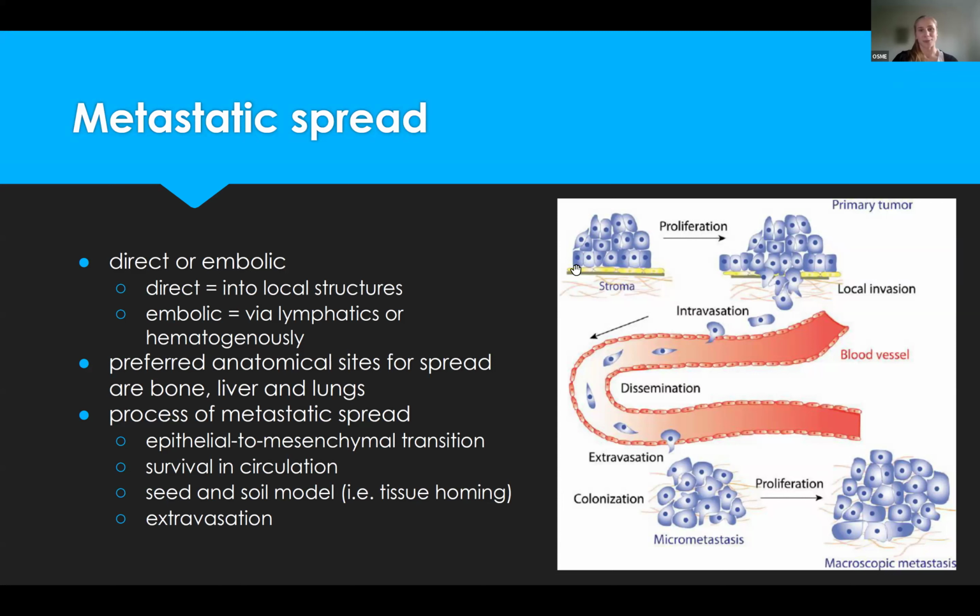So that's still subject to research if anybody's interested to research a bit more on that. All right. But overall, forgot to mention, the preferred sites for homing of the tumors are usually bone, liver, and the lungs.